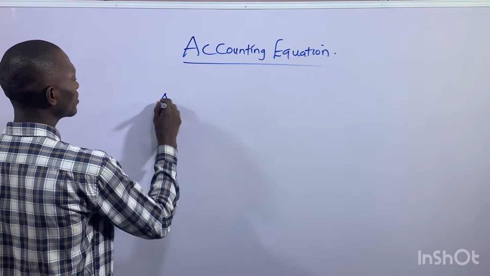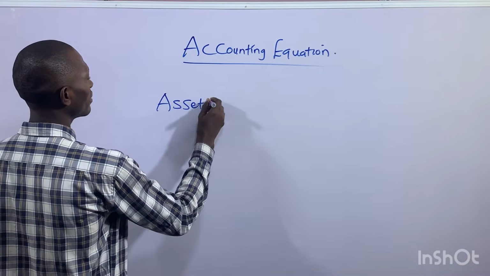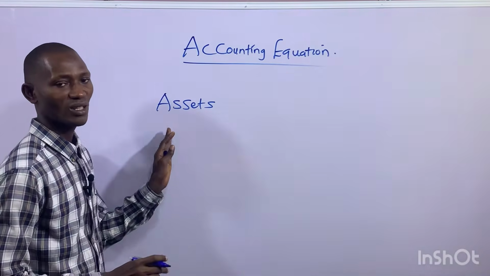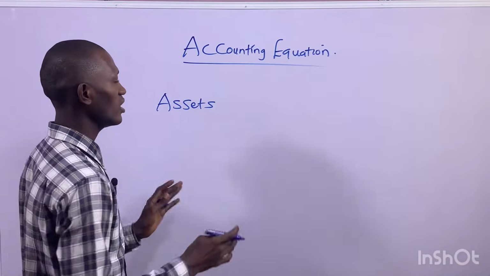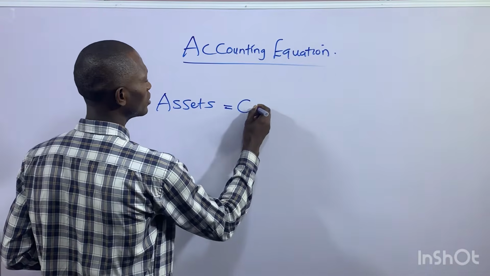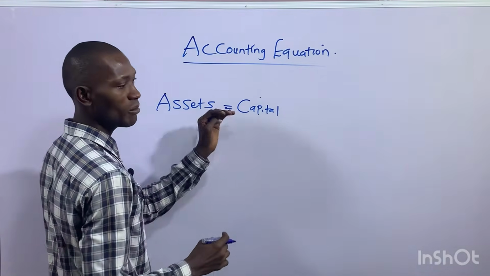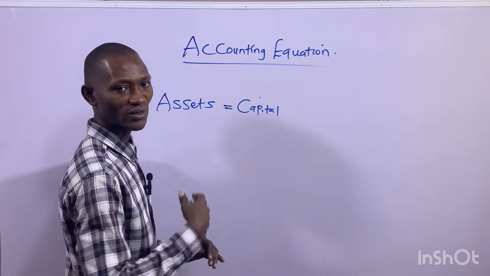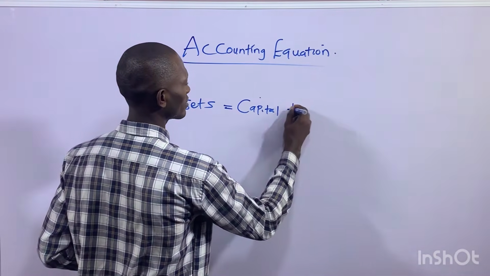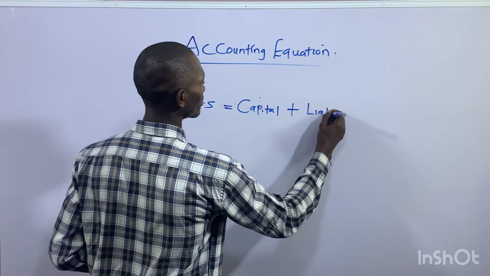So what the accounting equation is saying is that the assets of the business are owned by who? Is it just by the owner, which is capital, or by the owner as well as the outsiders? That's liability.